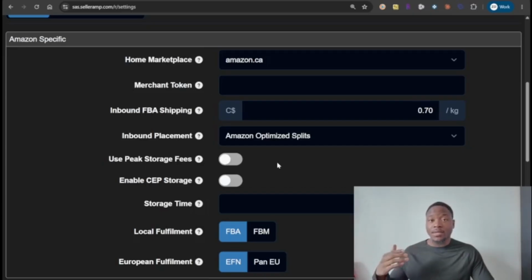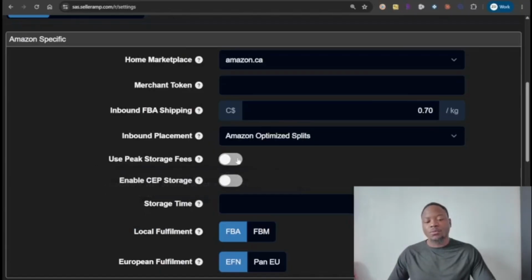Amazon knows that, and then they increase the storage fees because a lot of people are shipping their products to the Amazon warehouse, and now the Amazon warehouse doesn't have as much space as it used to anymore. So because of that, they increase the pricing of their storage. So what you want to do is really just make sure that from September all the way till December, this is really the Q4 period. During that period, you definitely want to have this turned on. But if we're outside of that, we don't really have to worry about it.